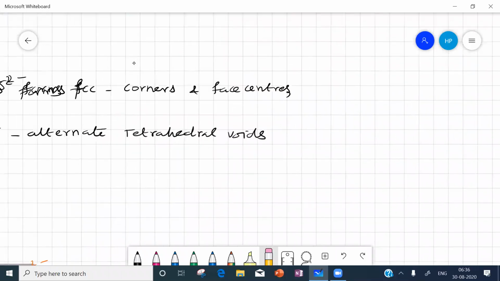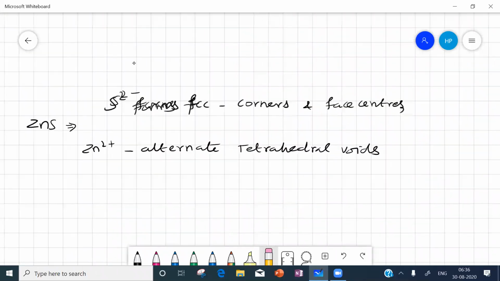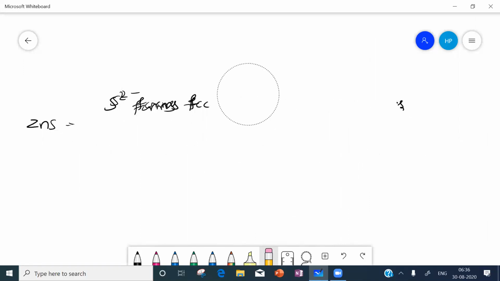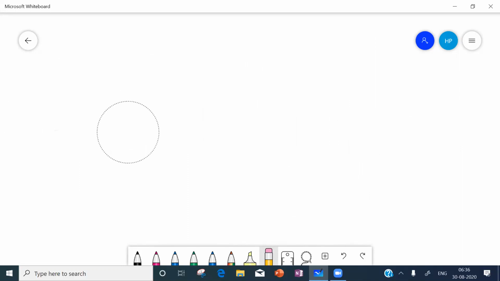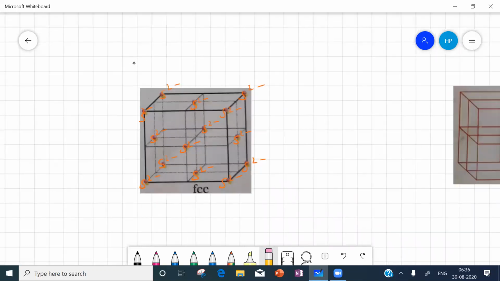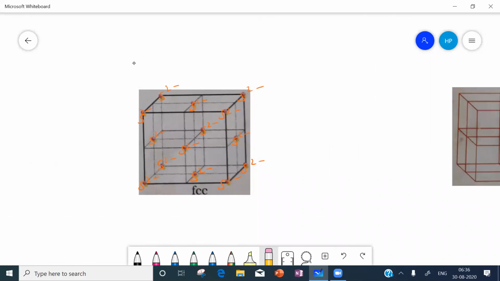Now you say which tetrahedral voids will be occupied by F minus: either alternative or all the tetrahedral voids? All or alternative?